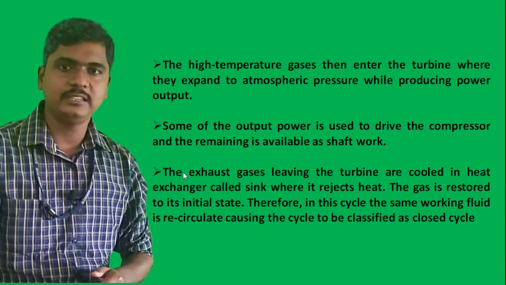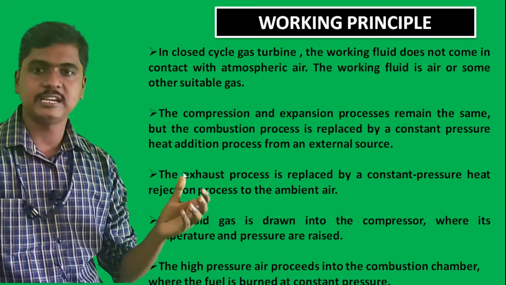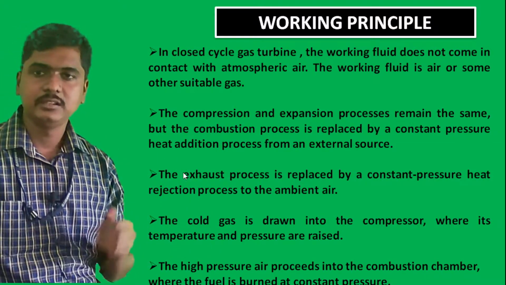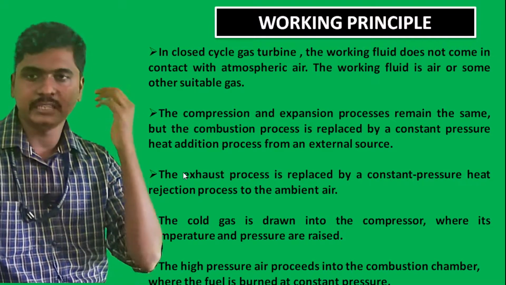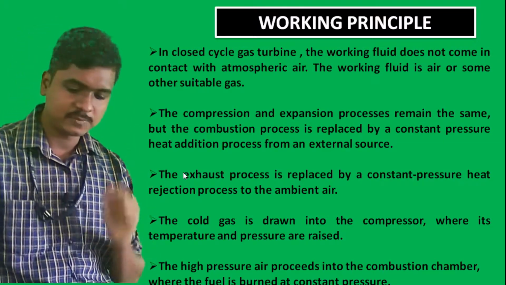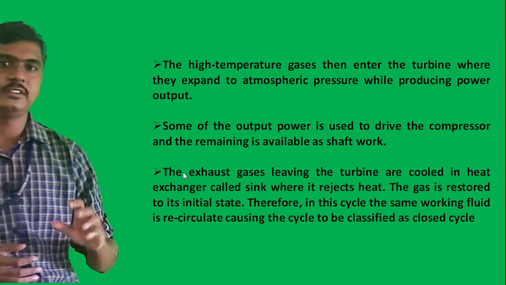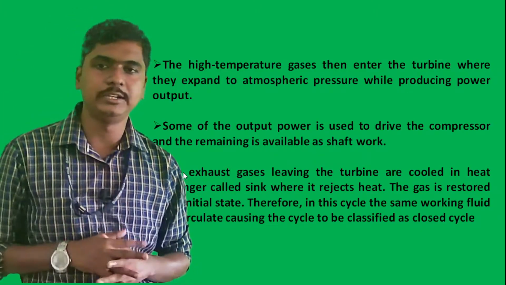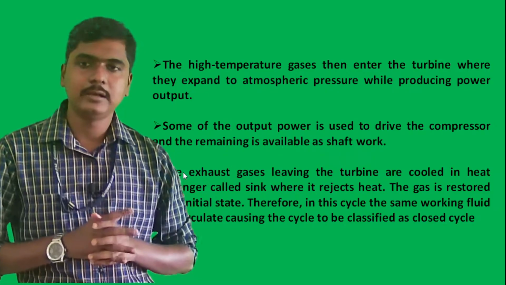Now, the gases are compressed in the compressor, and their pressure and temperature gradually increase. That is the first point, the compression process. After the compression, the high temperature gases move to the heat exchanger where addition of heat takes place, by burning fuel or something like that.